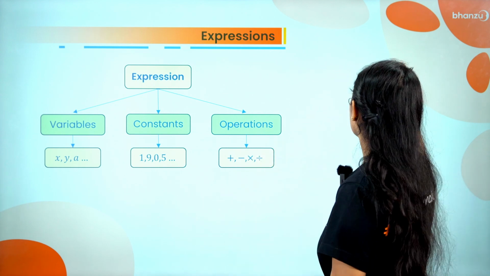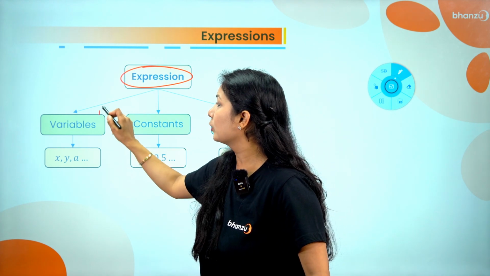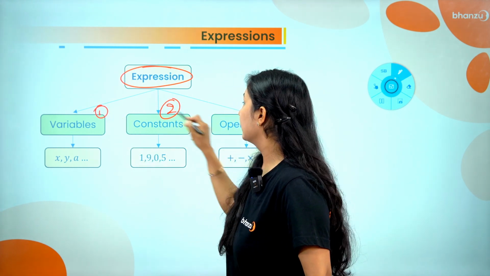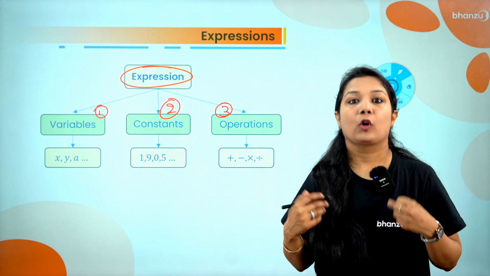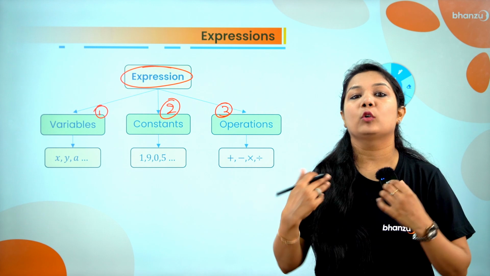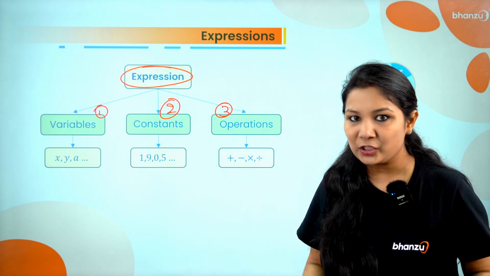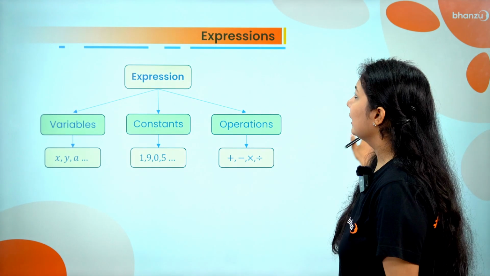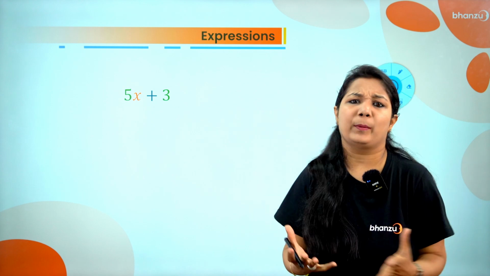So any algebraic expression would always be comprised of variables, constants and mathematical operations, right? Even if not all the operations, any one or two operations would be there in it to call it an expression.